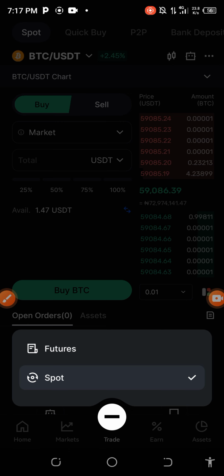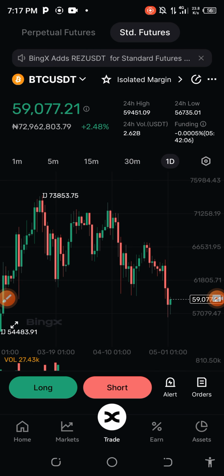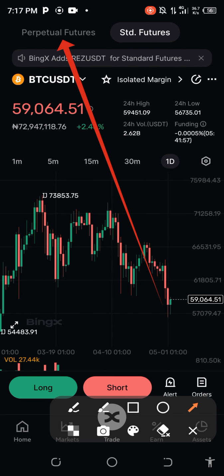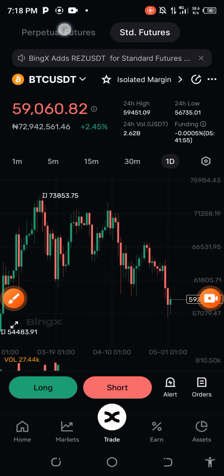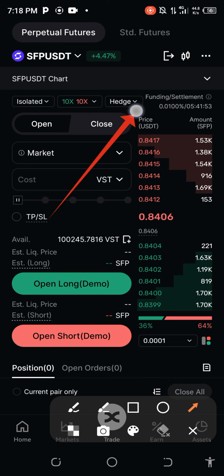When you click on trade, you click on futures. That's where we are going. When you get here, you click on this place where you see perpetual futures. Make sure you take it to perpetual futures. Then you need to do one or two settings before you proceed.